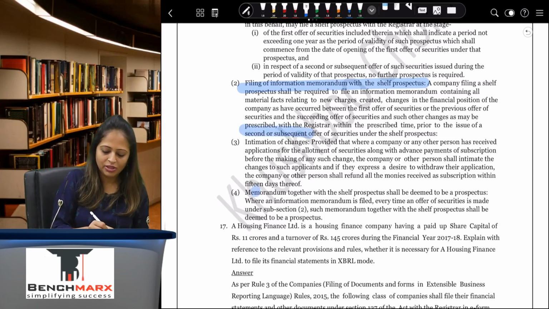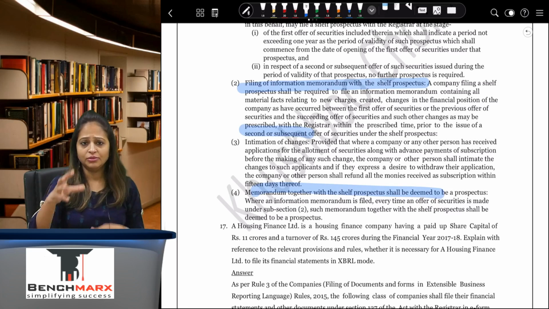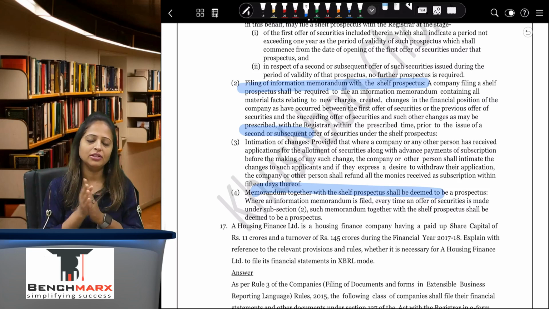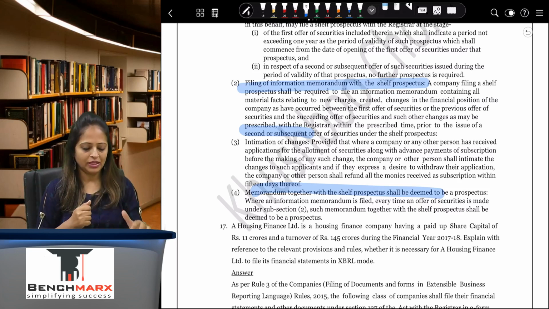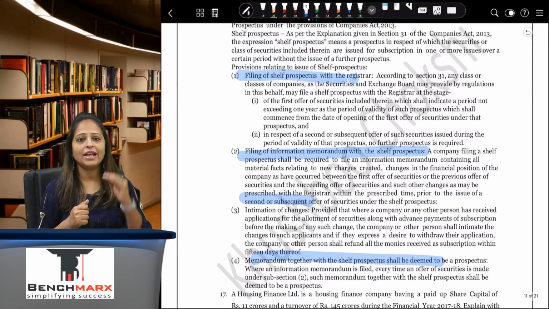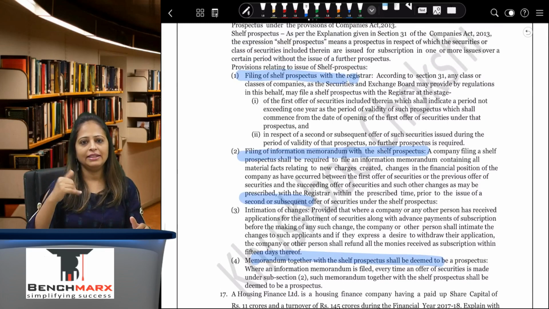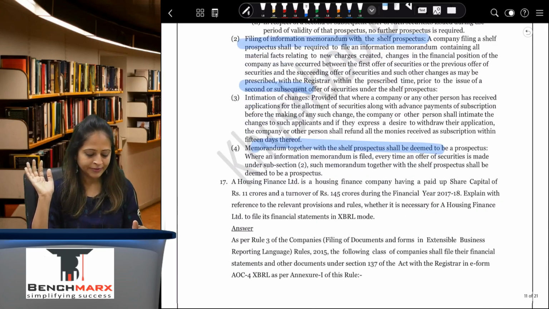The information memorandum and the shelf prospectus put together will be called your shelf prospectus. So all these 4 points you will have to write after explaining what a shelf prospectus is. Always remember, anything that you do within the company has to be filed with the registrar.